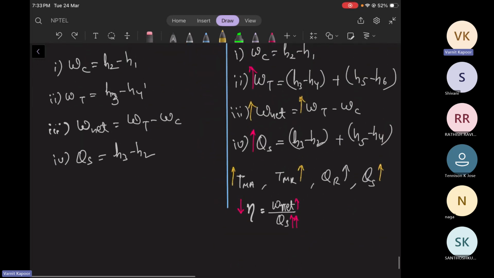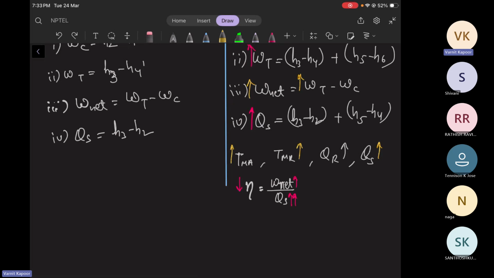And similarly, when we had a condition for maximum work output for a Brayton cycle, here again we can have a condition for maximum work output for a perfect reheating as well. Okay, so let me derive that as well. Just give me a second, please.